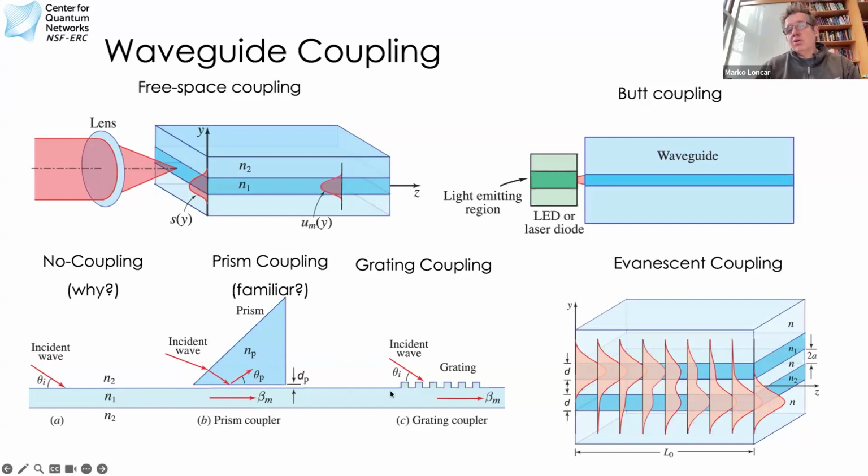And one of the most common approaches, not the most efficient, but a really, really versatile approach, is the grating coupler, where basically you come with the light from out of plane, and this grating coupler assists, breaks, if you will, the total internal reflection condition here.